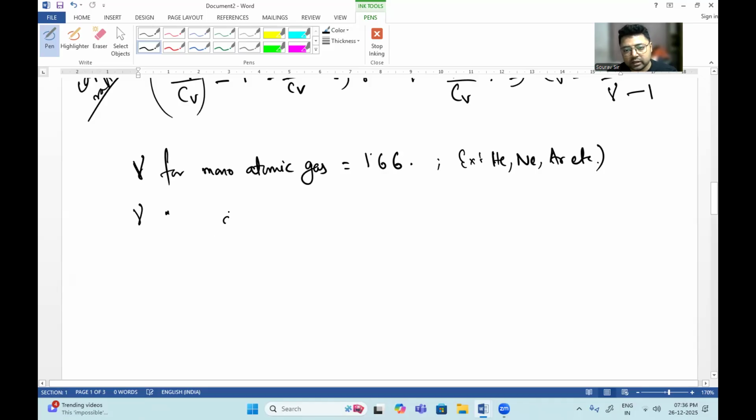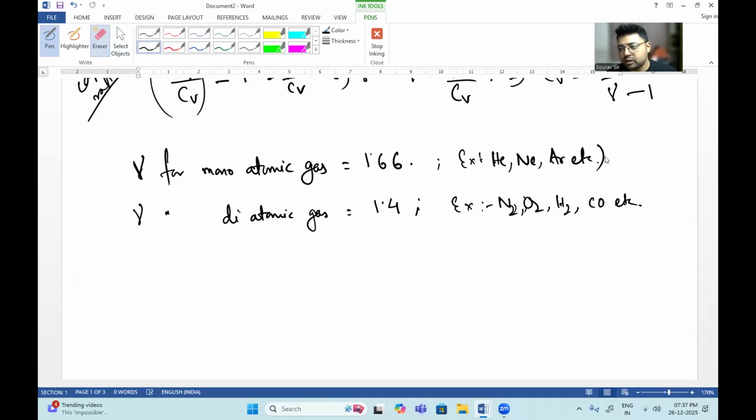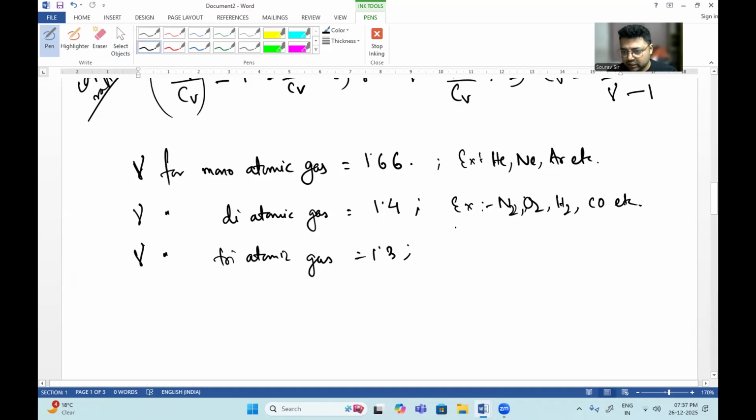Now, gamma for diatomic gases like nitrogen, oxygen, hydrogen, carbon monoxide, anything like that, is 1.4. And gamma for triatomic gases is 1.3.